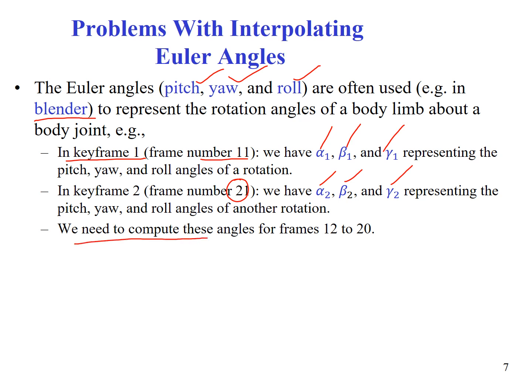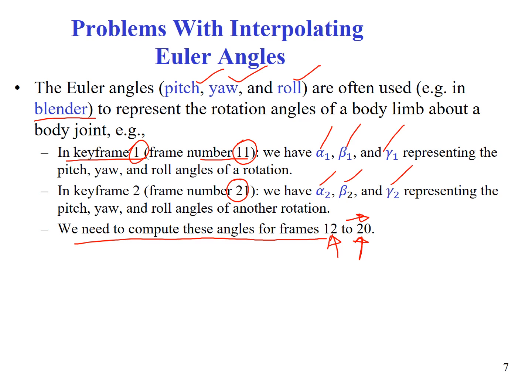We have to compute these angles for frames 12 to 20. Now 11 is the actual frame number, whereas 1 is the keyframe number. And going from keyframe 1 to keyframe 2, we have to define intermediate frames 12, 13, 14, and so on up till 20, so that we can put keyframe 2 after it.